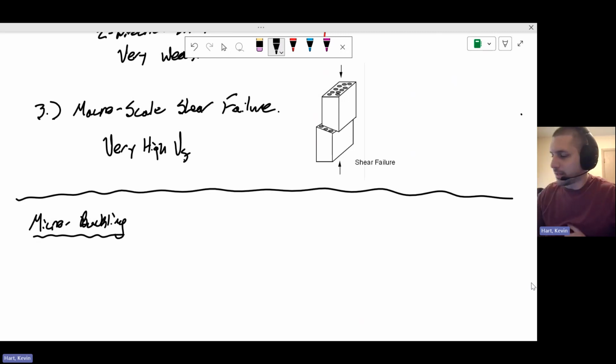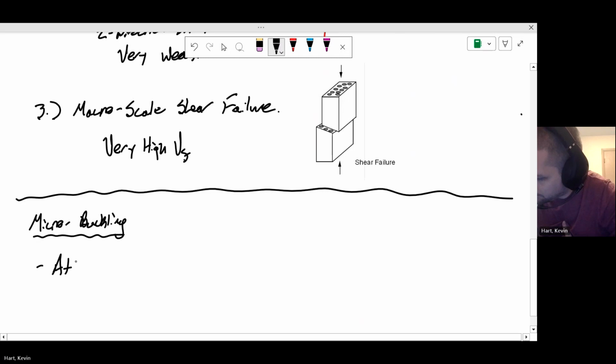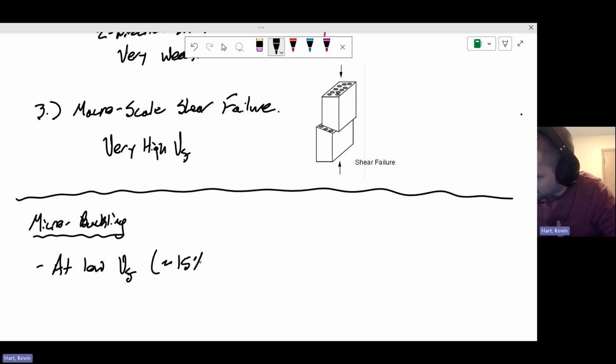Okay, so at low VF, we're talking 10-ish% or less. I'll say 15% or less. You'll get out of phase microbuckling.